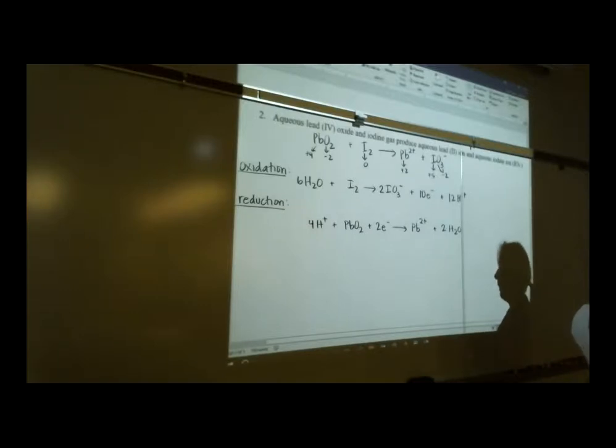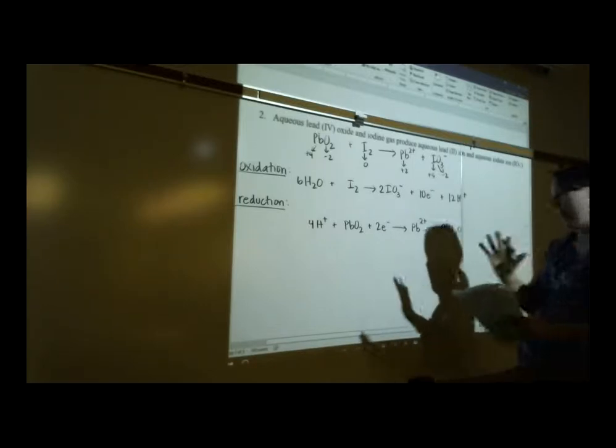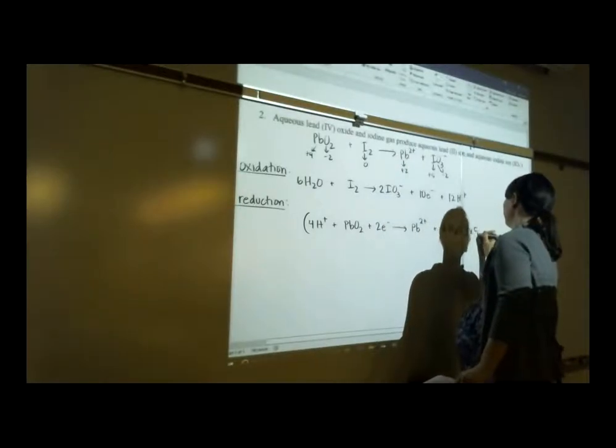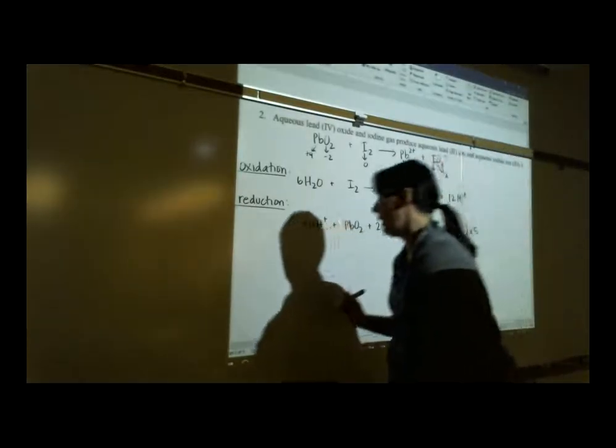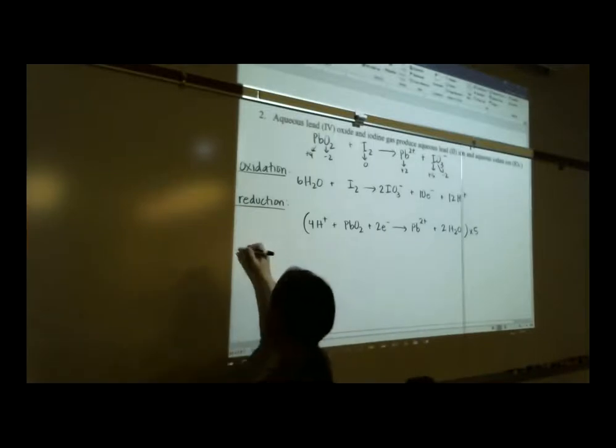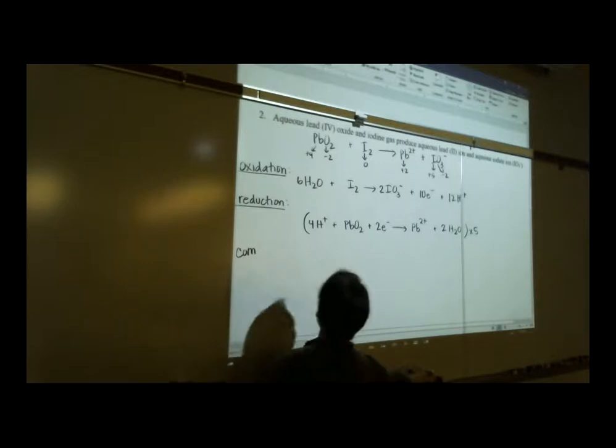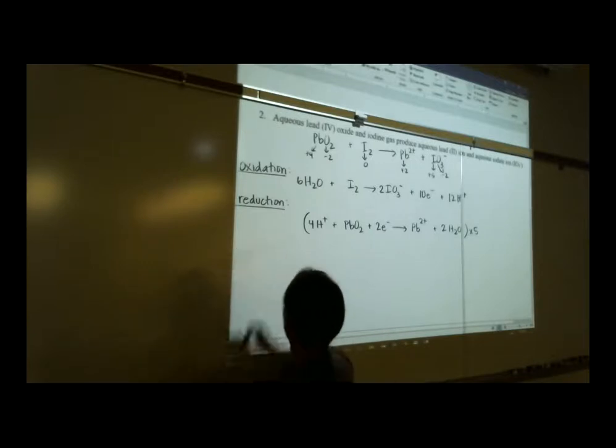So now I look at my electrons and I say to myself, okay, I've got 10 here and 2 here. So I'm going to multiply the reduction by 5. So then when I combine them, here's what I get. I'm just going to rewrite both.